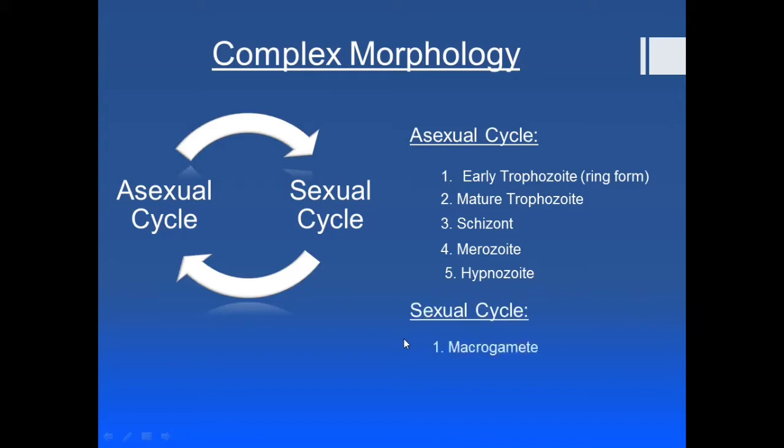The sexual life cycle has a macrogamete, or female gamete, and a microgamete, or male gamete. After fusion a zygote is formed, and through various steps a sporozoite is formed. This sexual cycle occurs in the mosquito, and then the mosquito injects the sporozoite into a human, and the cycle repeats.